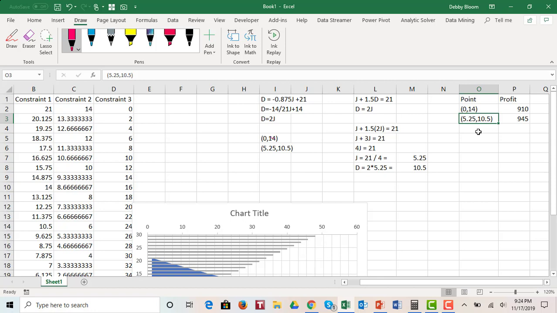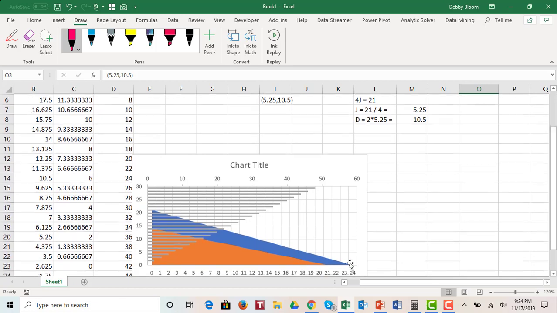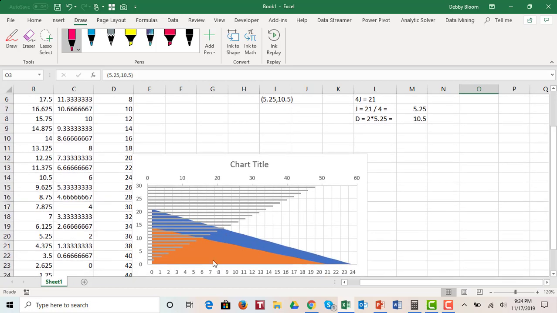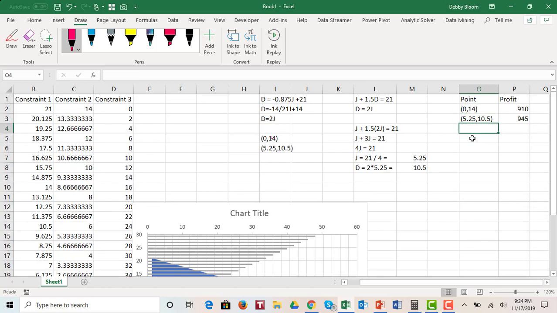The only problem with this solution is we cannot manufacture 5.25 Jordanelles. Now 6 is not possible because if we go out to 6 in this solution, we're going to be out of that feasible area. We can only go up to 5 where it actually crosses that line. So let's take a look at our third possible point.